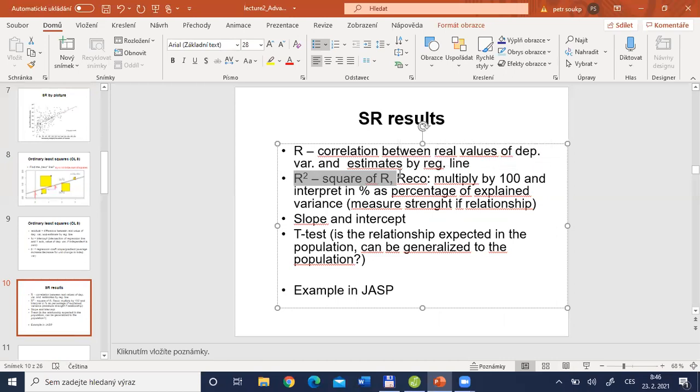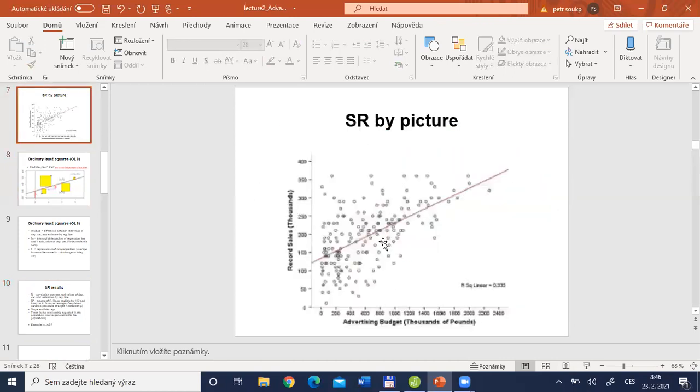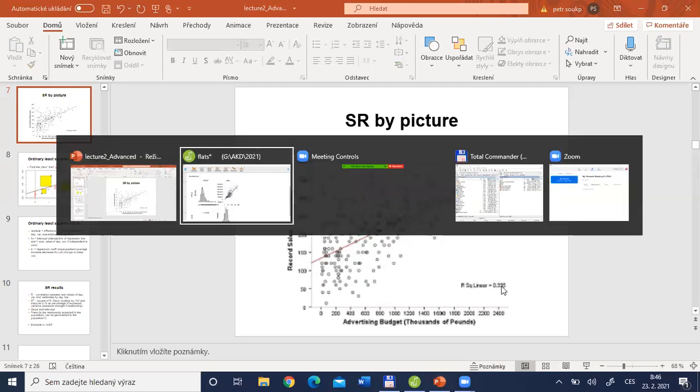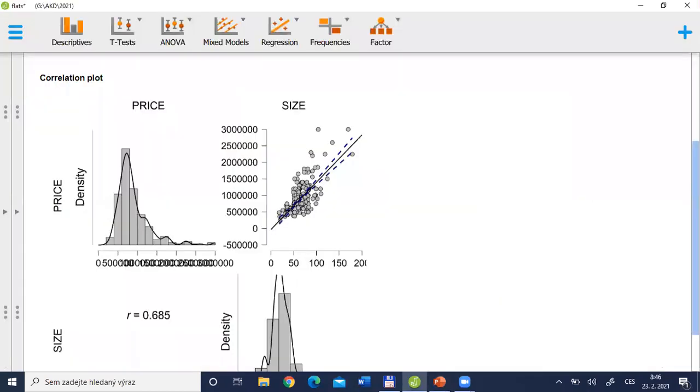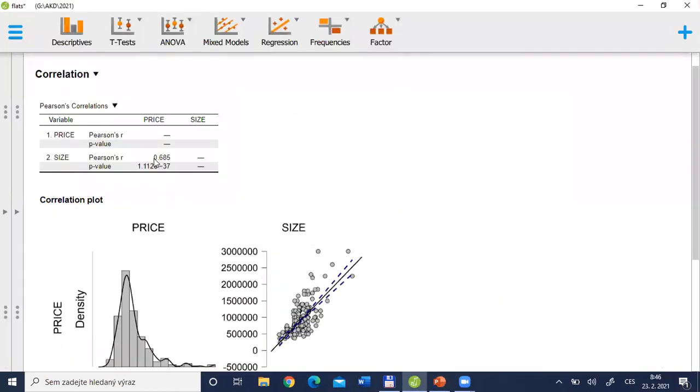For this first case, this R square is written here, 0.33. For my case, I can compute it from my head. It is approximately 0.7, and the square of 0.7 is approximately 0.49. So it is much bigger.